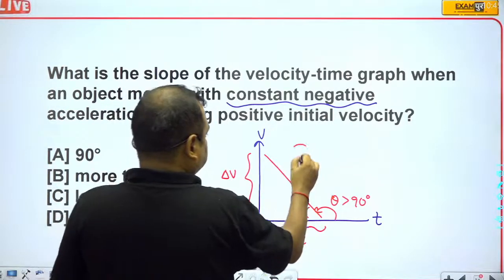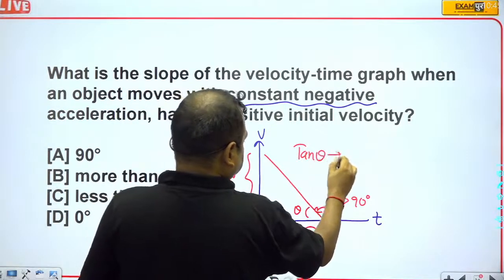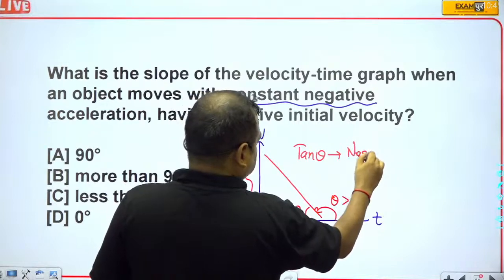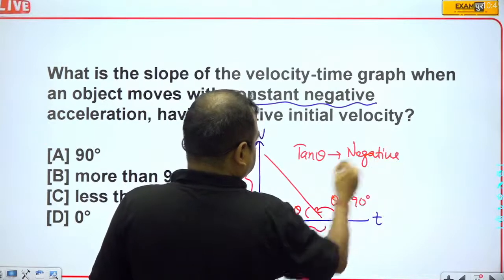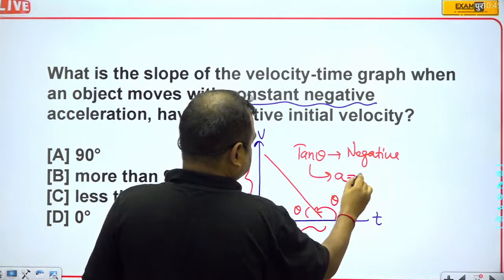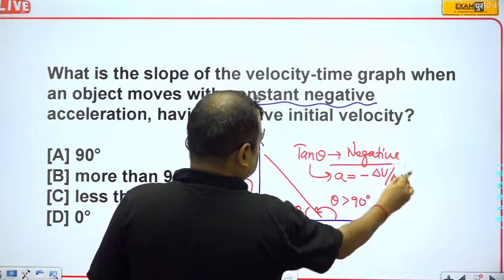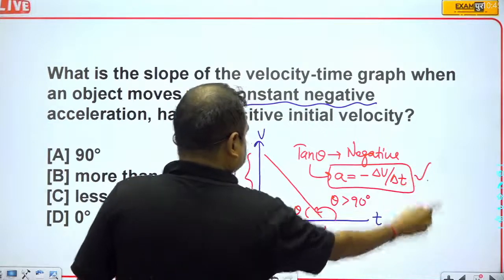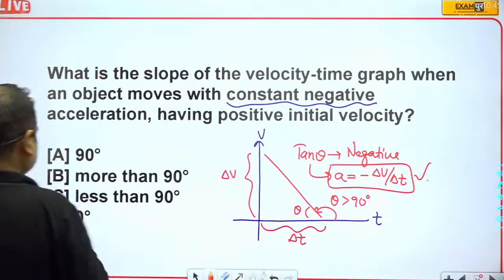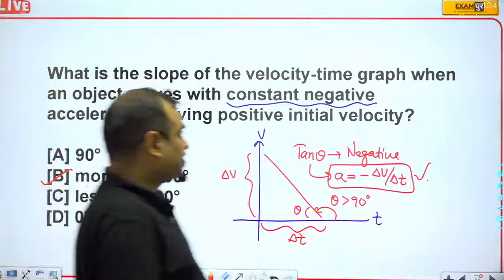So tan theta is negative, and acceleration a will be equal to minus delta v upon delta t. So more than 90 degrees, yes.